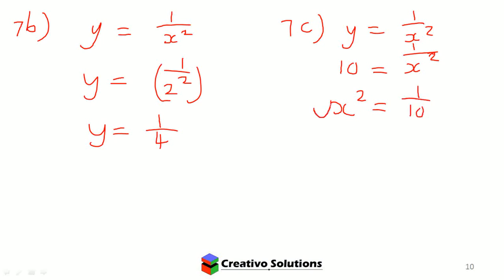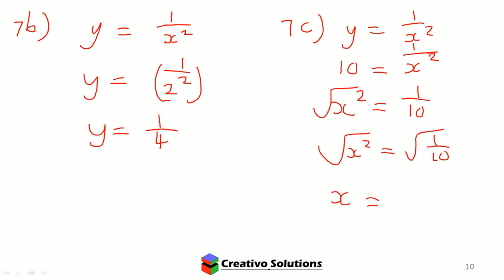So then I can square root. I'll square root that: x squared equals the square root of 1 over 10. If I'm square rooting x squared, I'm going to get x. And if I square root 1 over 10, that's two numbers multiplied together to give you a tenth.